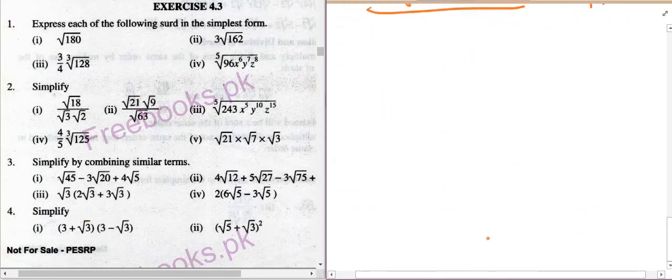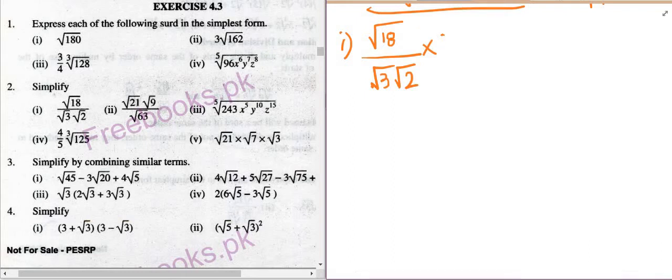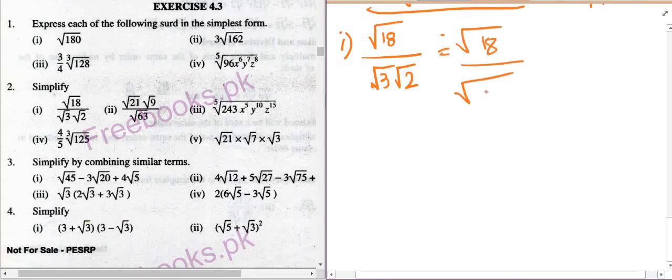Okay, question number 2, simplify. To simplify the surds, you must simplify the denominator. According to the rule, we can write square root 18 divided by square root 3 multiply 2.